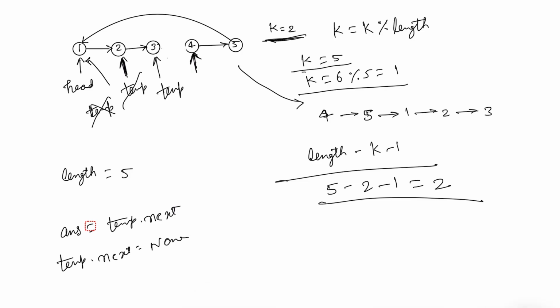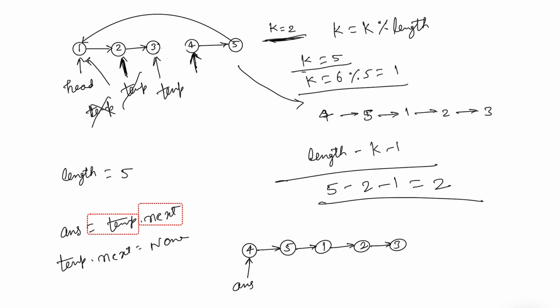So in this case, our linked list is now 4, 5, 1, 2, and 3. It's like this now. This is the answer I am telling. So in the new linked list, our first node will be this 4, 4, 5, 1, 2, and 3. So what I have done, I have at first made the last, that means this was the last node.